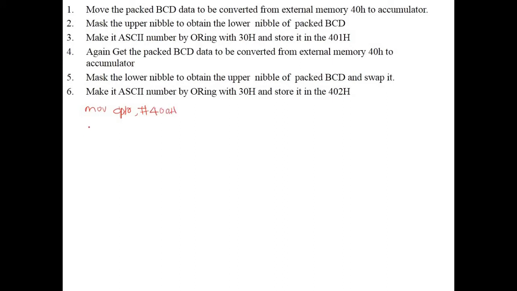Next we'll access our data into the accumulator. It is at DPTR, right? If we are accessing any data from an external memory location, we need to use the instruction MOVX. Now we will store this value in some register so that it will be useful for later use. So MOV R0, A.